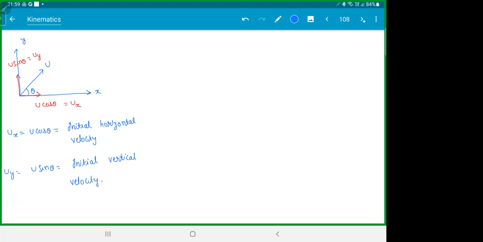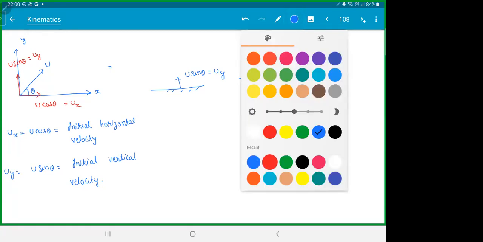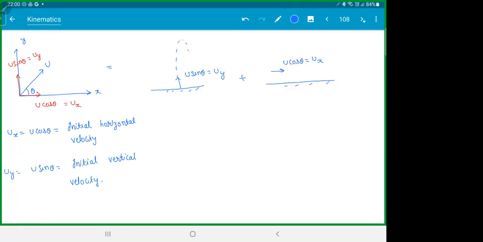So we are going to split this into two parts. I will assume you're throwing up with u sine theta, which is uy, plus you're throwing horizontally with u cos theta, which is ux. So this one goes up and down.